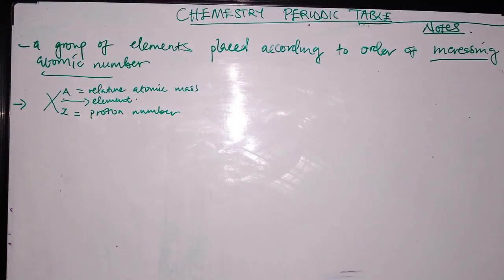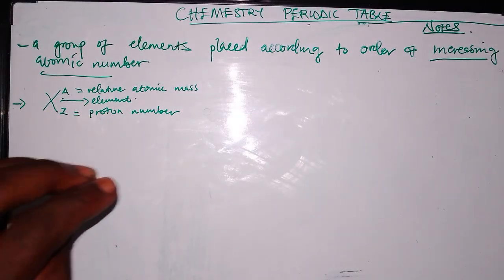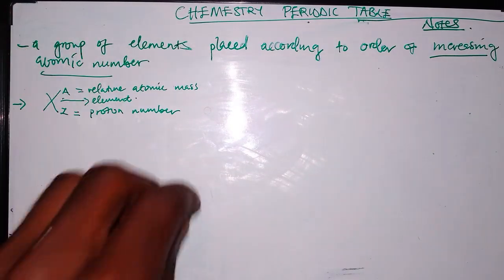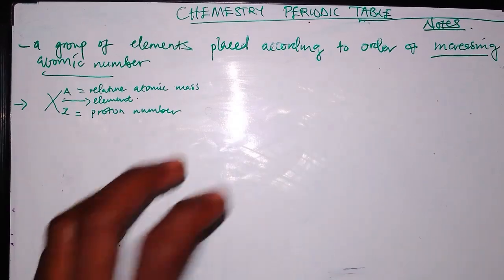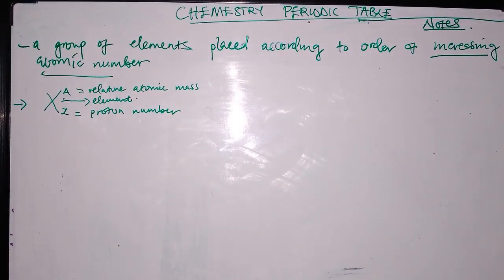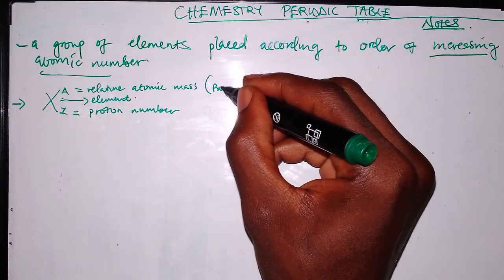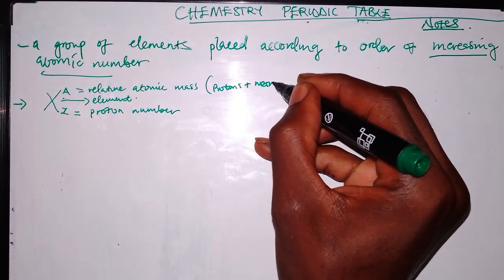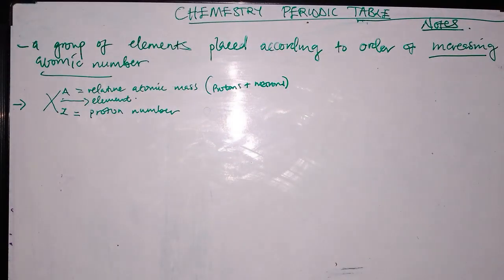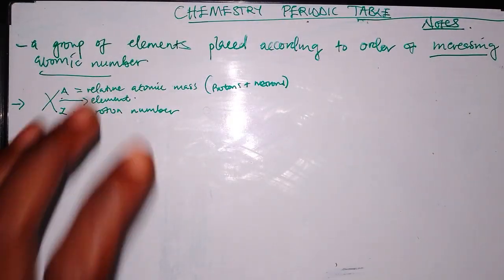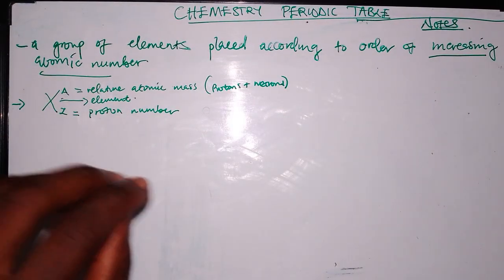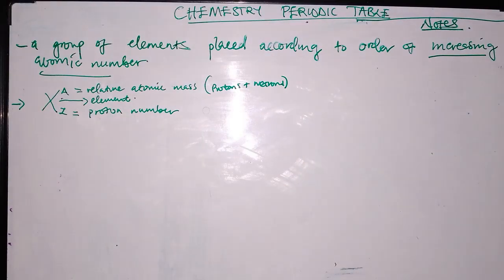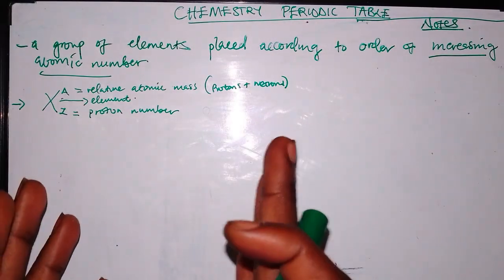So for this topic, you need to know what each term means. We know that the relative atomic mass means the sum of protons and neutrons, which are present in the nucleus.